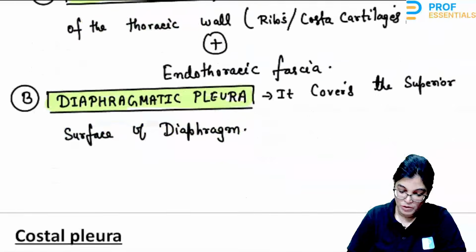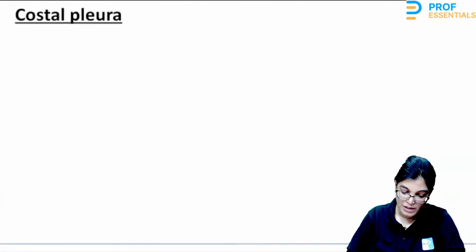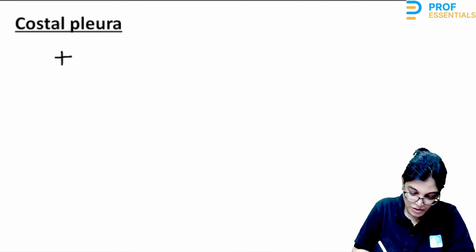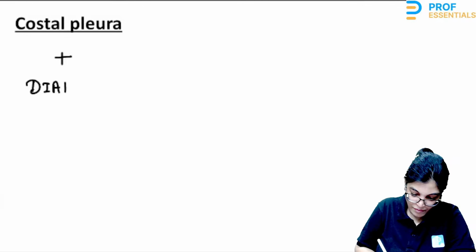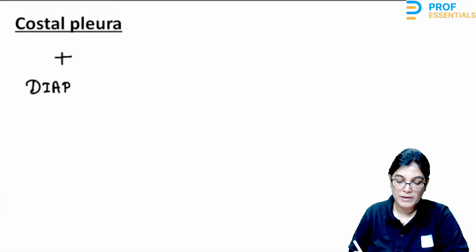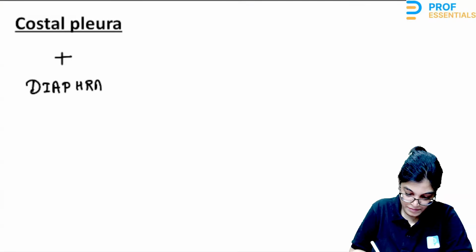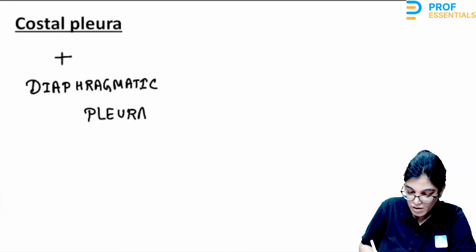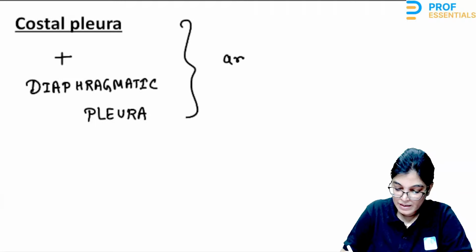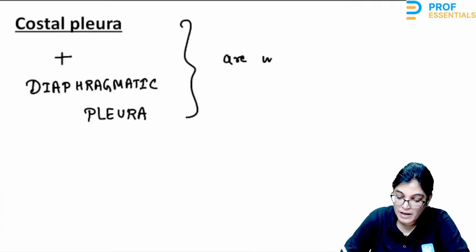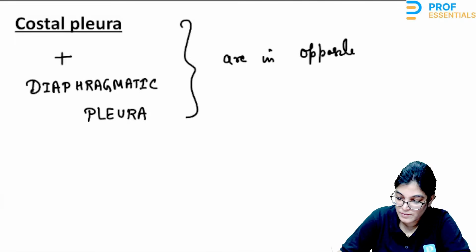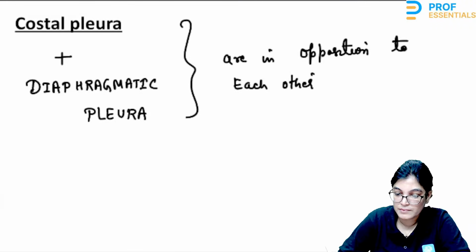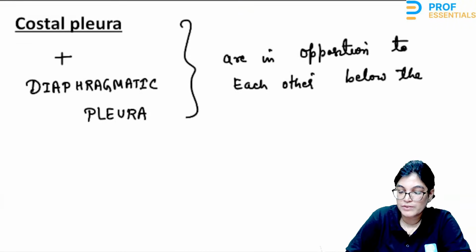So you can just write down here: both the costal and diaphragmatic pleura are lying in opposition to each other below the inferior border of lung.